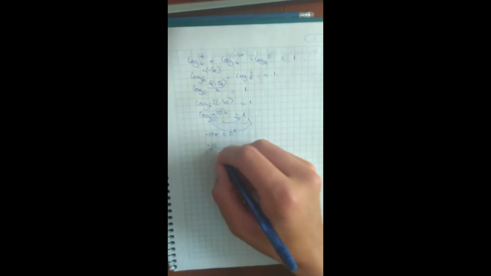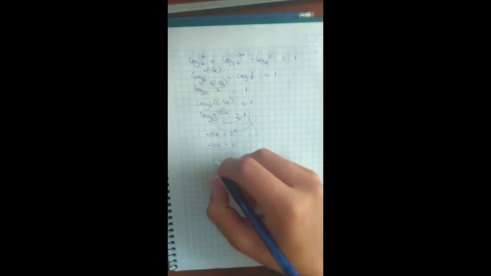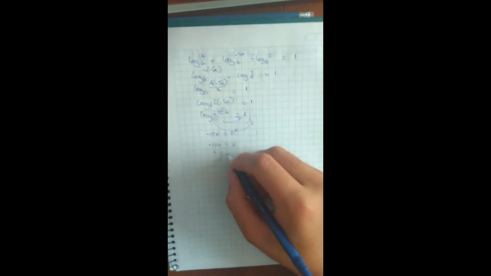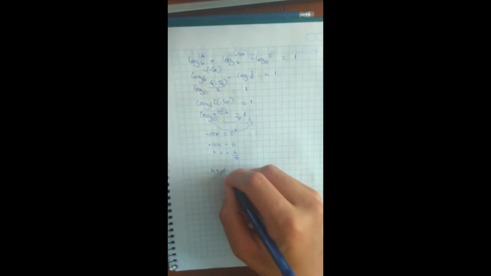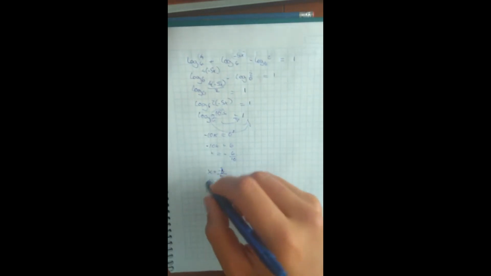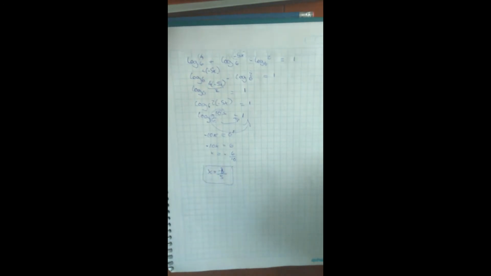So negative 10x equals 6. X equals negative 6 over 10. So x equals negative 3 over 5. So that will be our final answer.